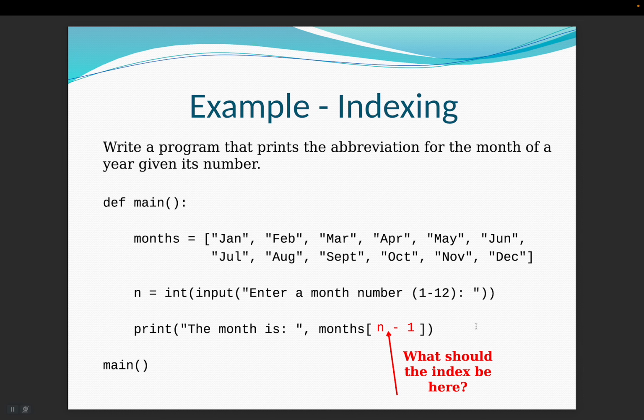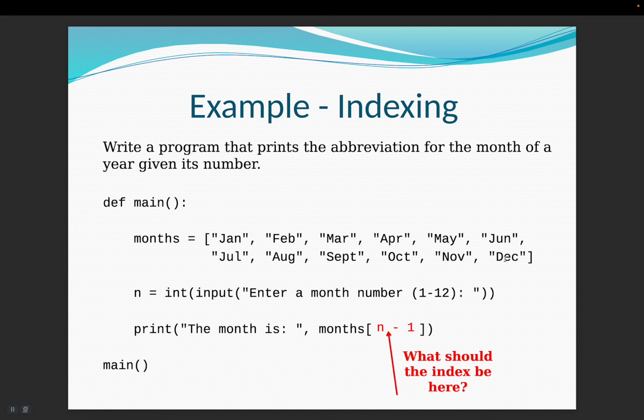See, even I made a mistake. Should it be n minus 1, or should it be n plus 1? N minus 1. Yes, because this starts at 0, 1, 2, 3, 4, 5, 6, 7, 8, 9, 10, 11.